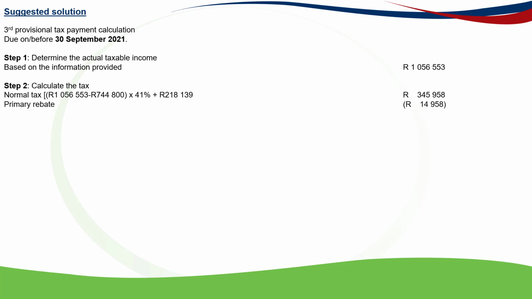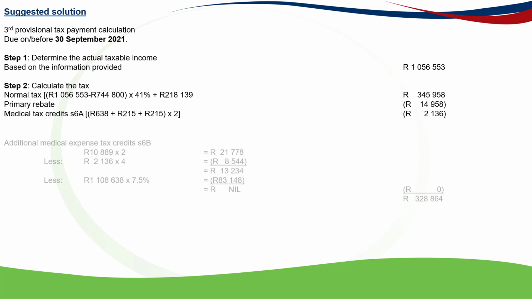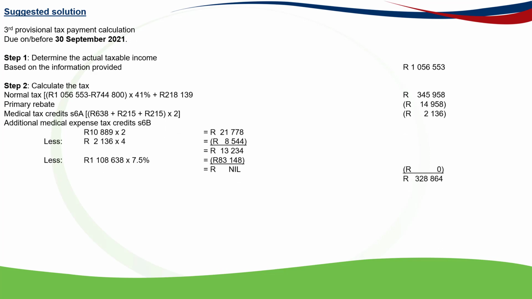We will then take into account the primary rebates and the medical tax credits. We have used that already in our calculation, so I'm not going to go through that again. And then the third step is to deduct any employees tax or foreign taxes.